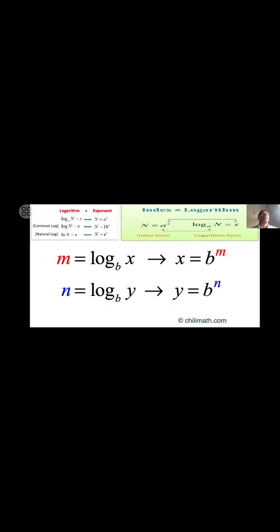Now we will move to the next slide. Look here, on the left side we have written logarithm and on the right side exponent. The exponent form is, suppose, n equals a power x. Here a is the base and x is the power. So a power x value is n.